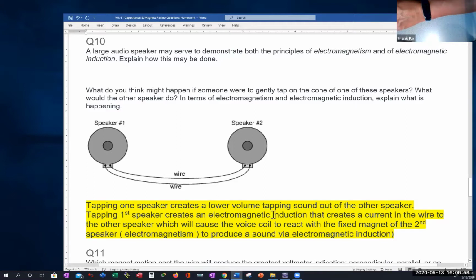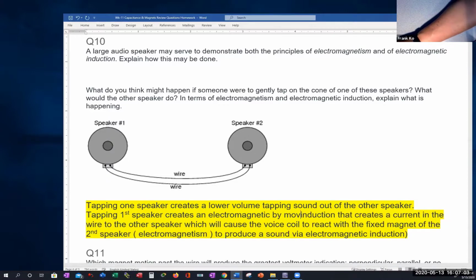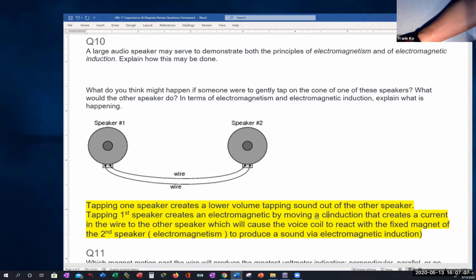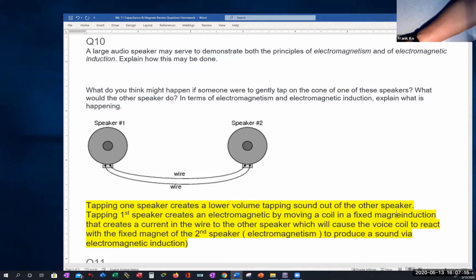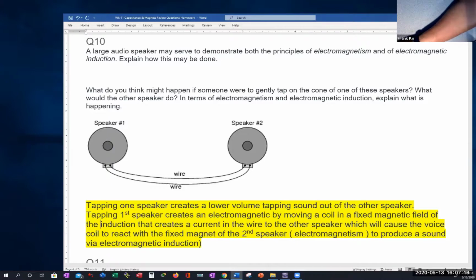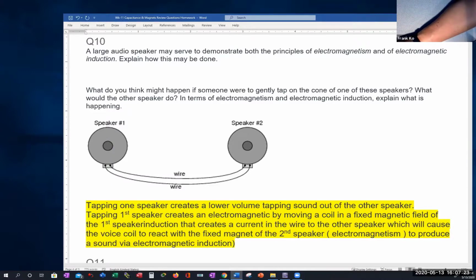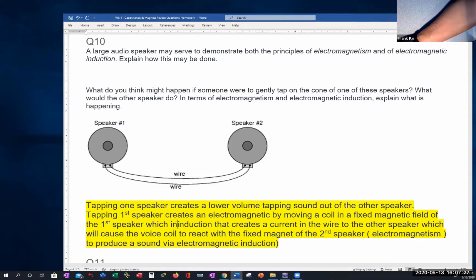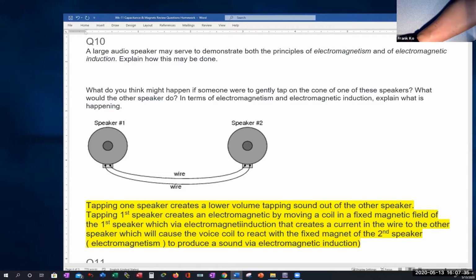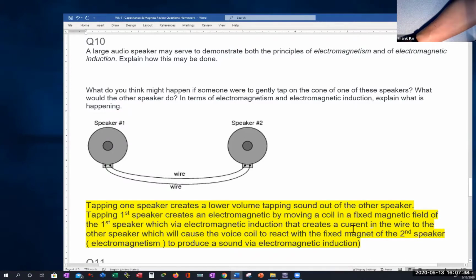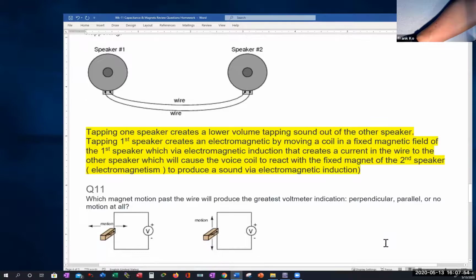So it creates an electromagnet by moving a coil in a fixed magnetic field of the first speaker, which via electromagnetic induction creates a current in the wire to the other speaker, which will cause the voice coil to react with the fixed magnet of the second speaker, to produce a sound via electromagnetic induction. Okay, that's a little more thorough answer there.